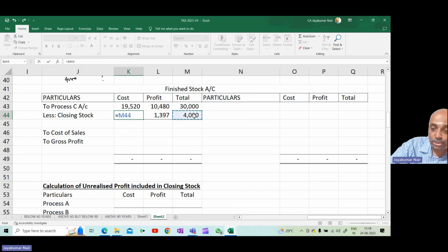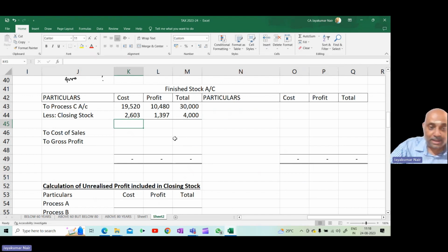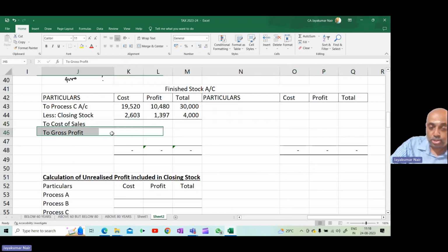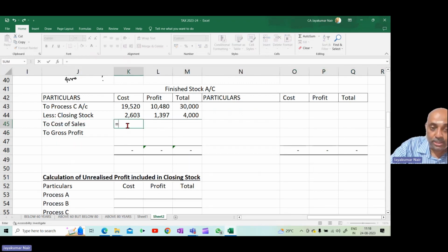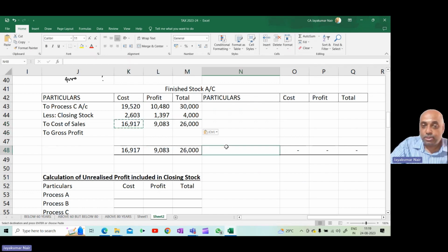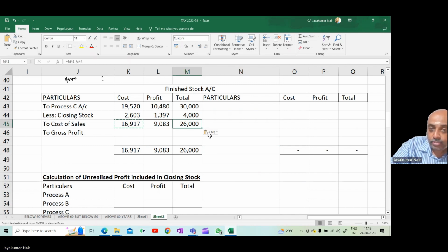It is 4,000 minus 1,397, which will give you 2,603. If you want to find out the cost of goods sold, it is the total cost price minus the finished goods. Here also you subtract it, you get 26,000.